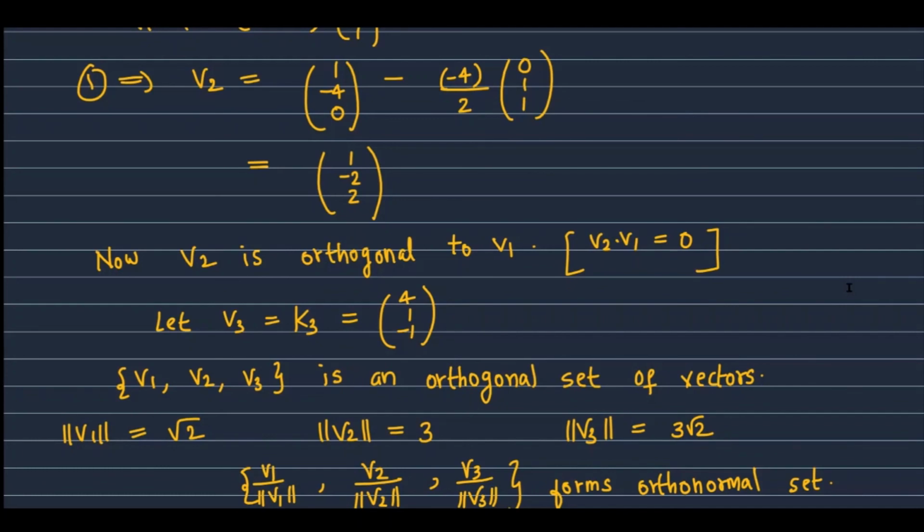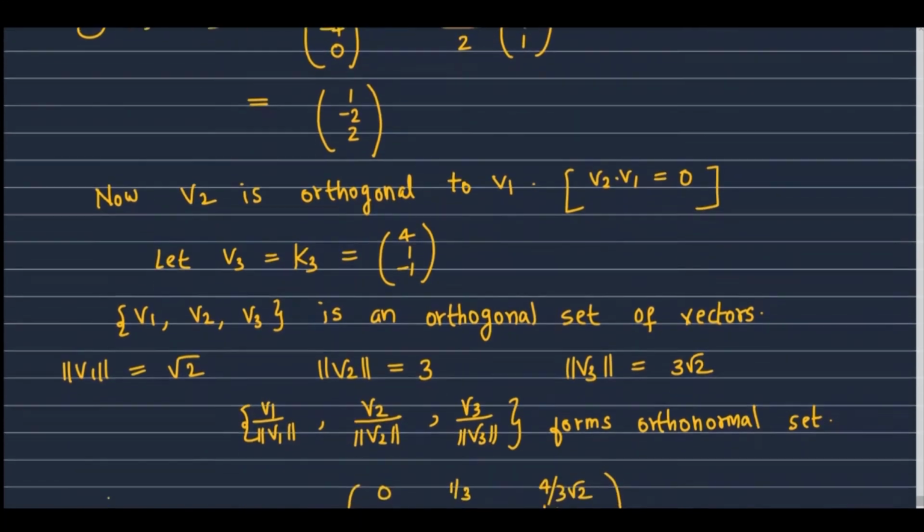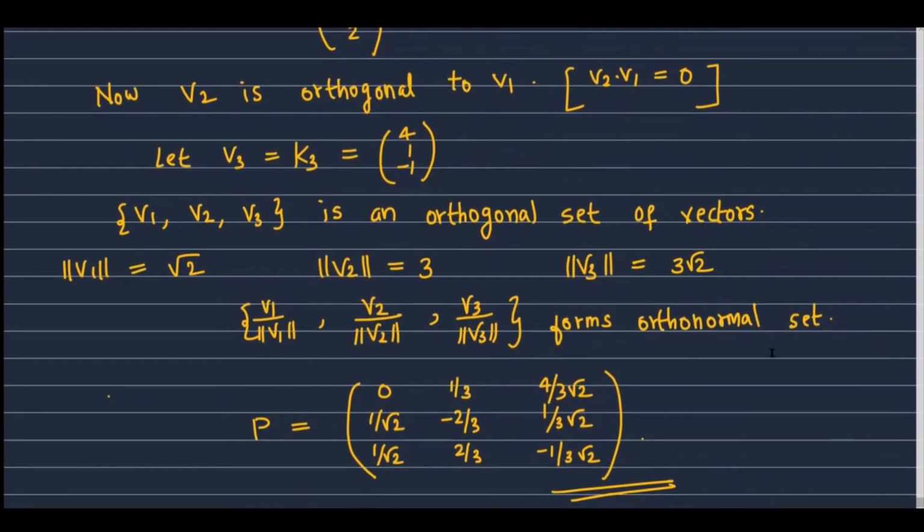Now to get an orthonormal set of vectors, we have to divide these vectors by their norm as we did in the first method. So we find that norm of V1 is root 2, norm of V2 is 3 and norm of V3 is 3 root 2. Now V1 by norm V1, V2 by norm V2 and V3 by norm V3 forms an orthonormal set.